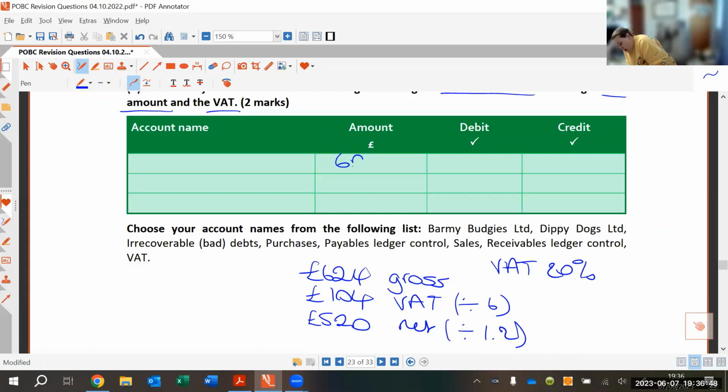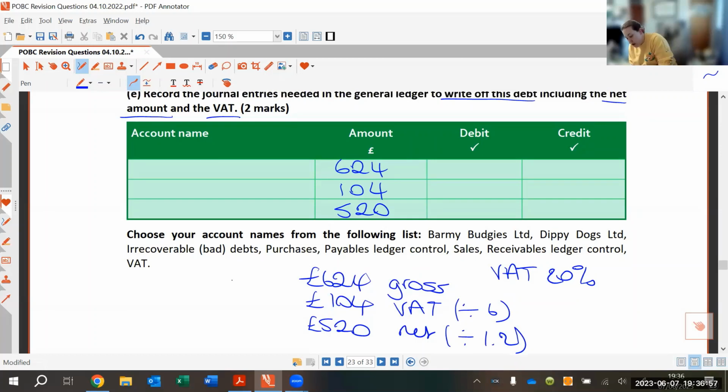So we've got our figures. Using our pick list here, first of all, what are the accounts we're going to use, and what do we need to debit and credit? I can see we've got a debit for VAT, for the VAT amount, which is correct.